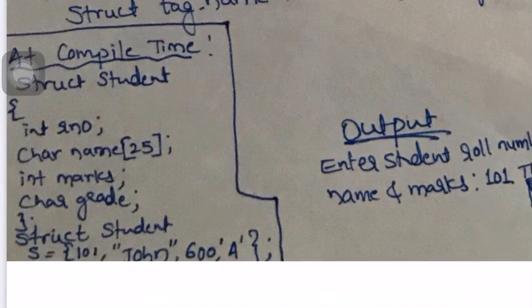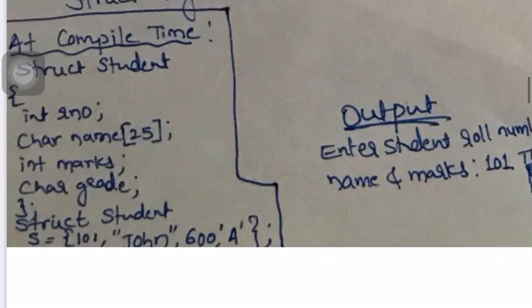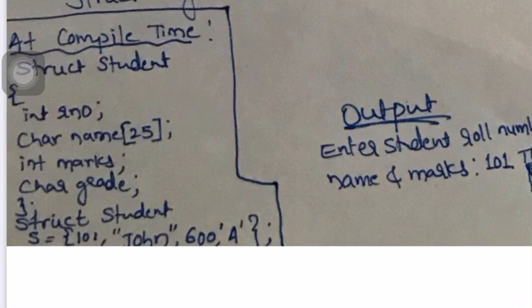Under that we are initializing roll number of integer type, name of character type, that is a string, then marks again of integer type, then grade, which can be A, B, C, D, again a character type. So, this is the portion of initialization.